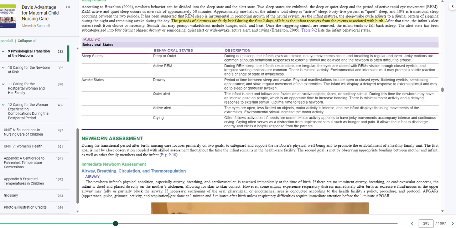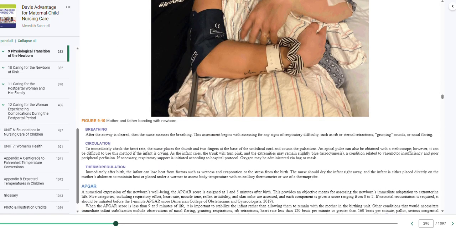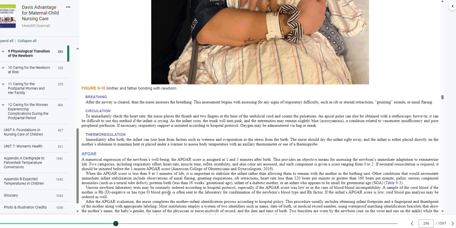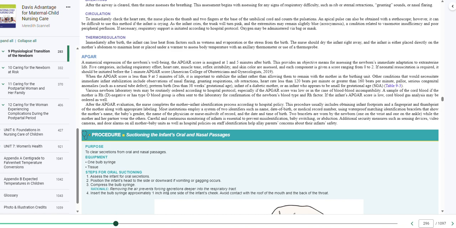All right, 297 in our book. We're looking at APGAR, okay? So APGAR is a test that is done at 1 minute of age and 5 minutes of age, okay? So immediately after birth, okay? There's 5 categories.